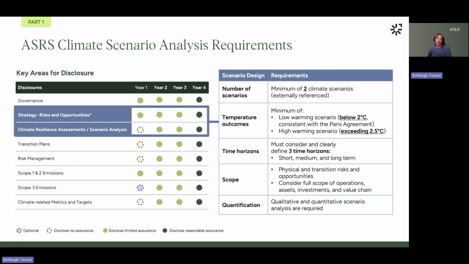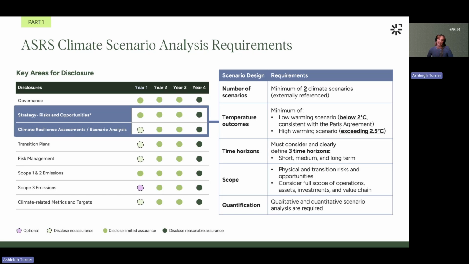The last thing I'll note on the design of the climate scenario analysis is regarding the level of quantification of your risks and opportunities. Under the standard, you need to undertake both a qualitative and a quantitative analysis, and it's worth being clear on what that means here. The qualitative analysis assesses the financial implications of your risks and opportunities, but more in directional terms.